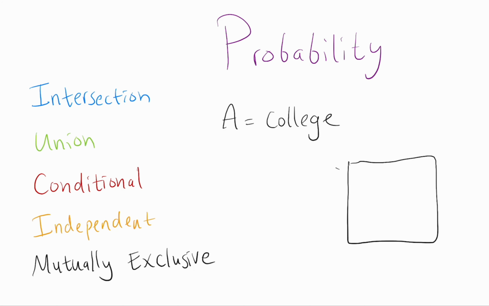Well, the total area here is just 1. And so the likelihood of it randomly landing somewhere inside that circle is just the probability of this event. So we're going to call this circle event A.